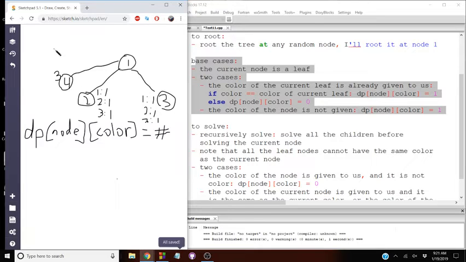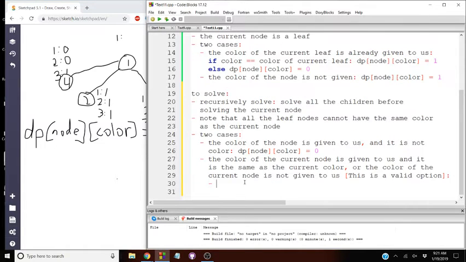Okay, for here, if we decide to make this a 1, there's 0 ways, because the 4 is already colored to 3. Decide to make this a 2, again 0 ways, because it's already colored to 3. And if I have to make it a 3, there's one way, because it's colored to 3. Okay, now we're trying to figure out how many ways there are to make 1 into the color 1. So we have to basically multiply the options of all the children.